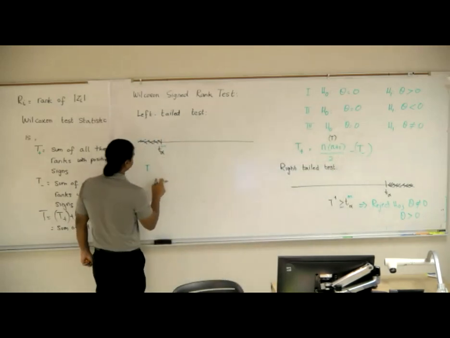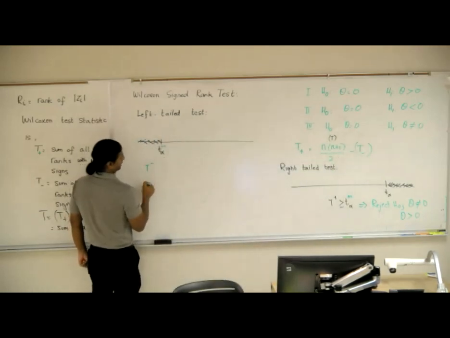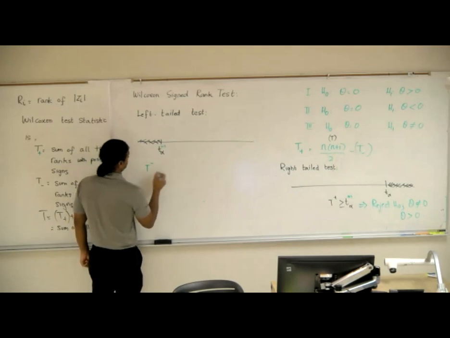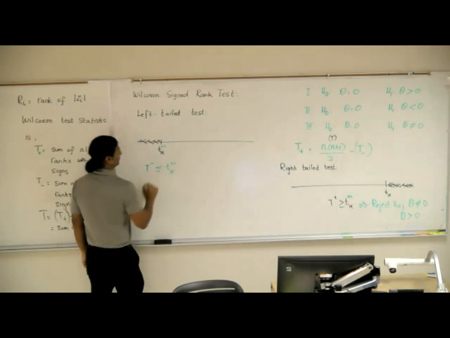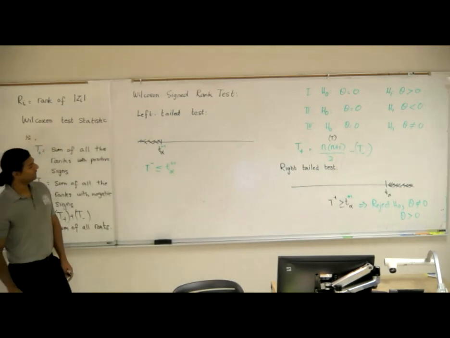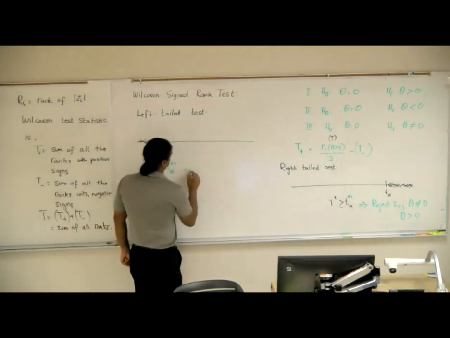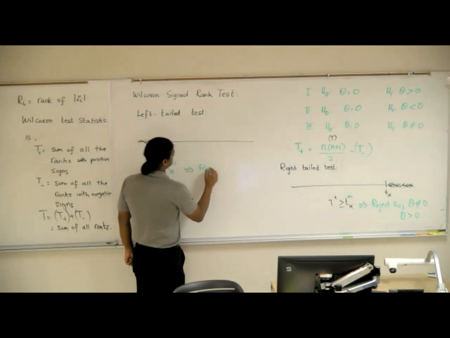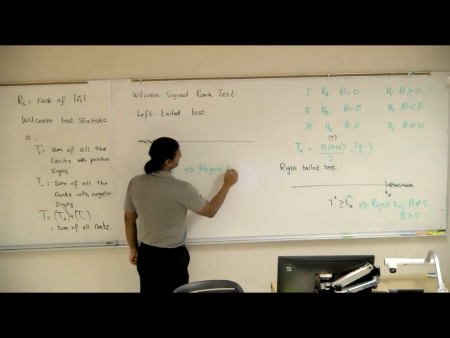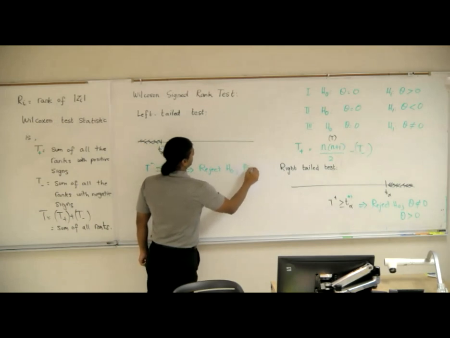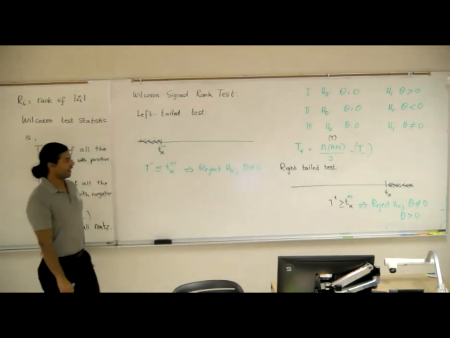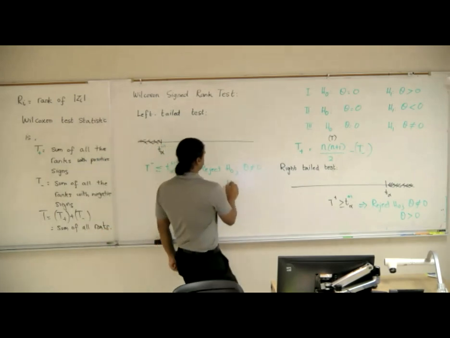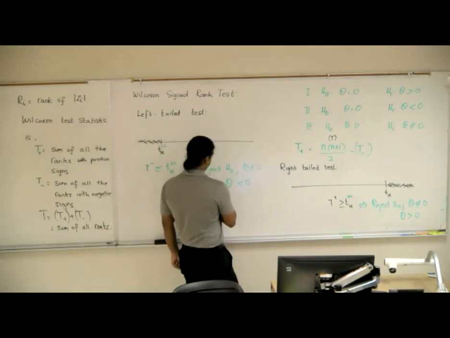Critical value. If T minus falls below or is less than or equal to T sub alpha minus, we would reject the null, theta not equal to 0, and we find more evidence for theta less than 0.